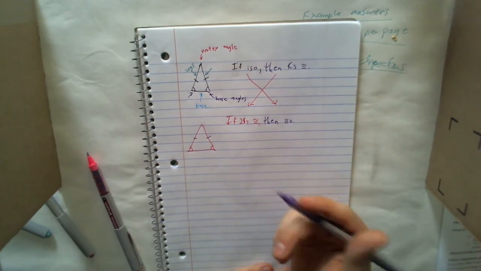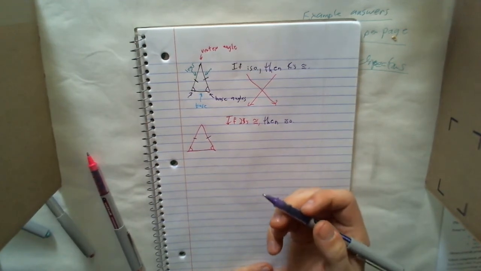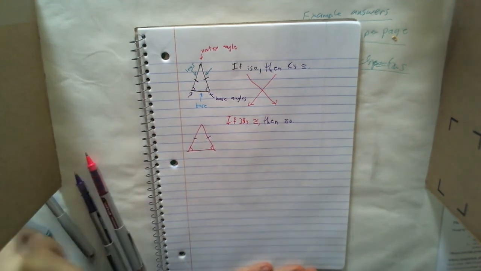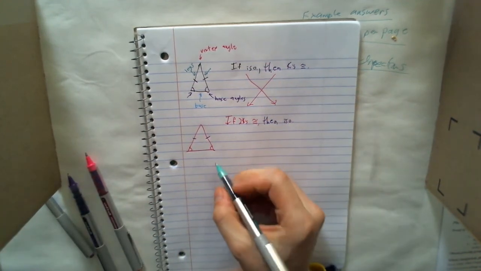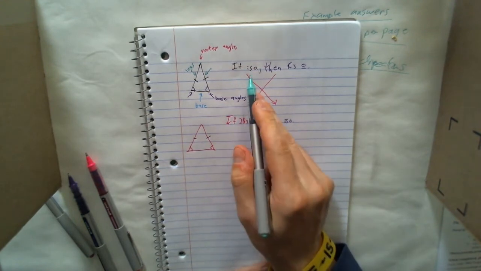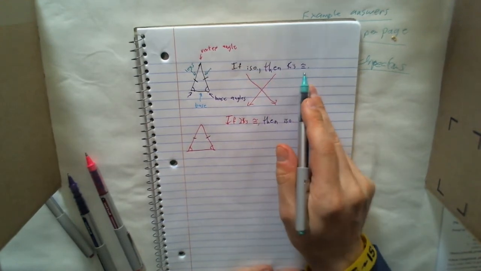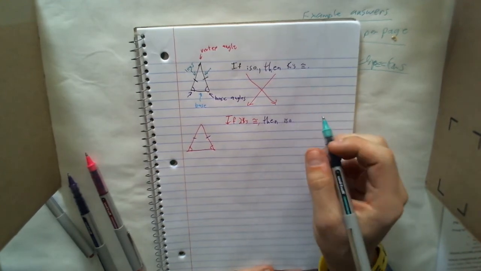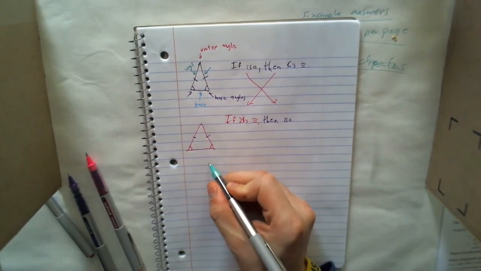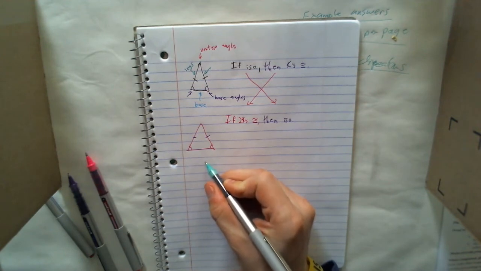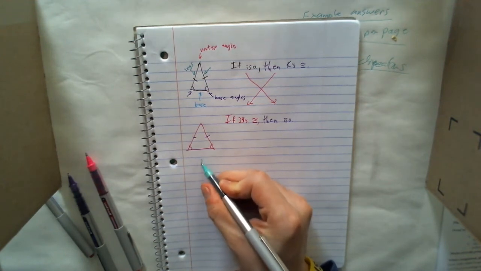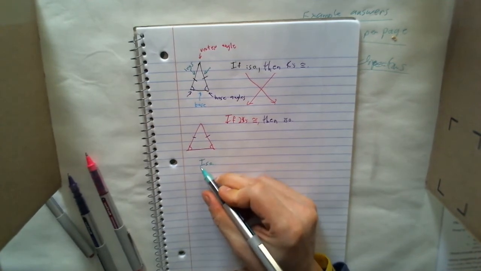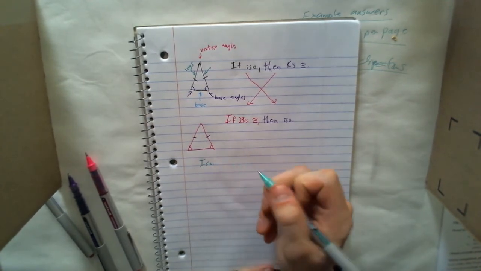Having said that both of them are true, we can make a biconditional out of this. We'll take the original statement that says if you have an isosceles triangle, then the base angles are congruent. What we're going to write is, this is hard to write.